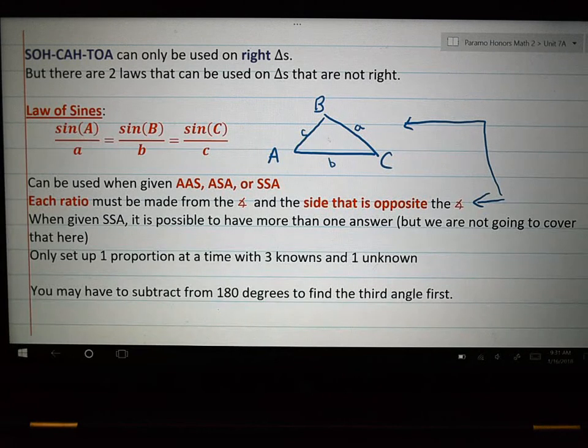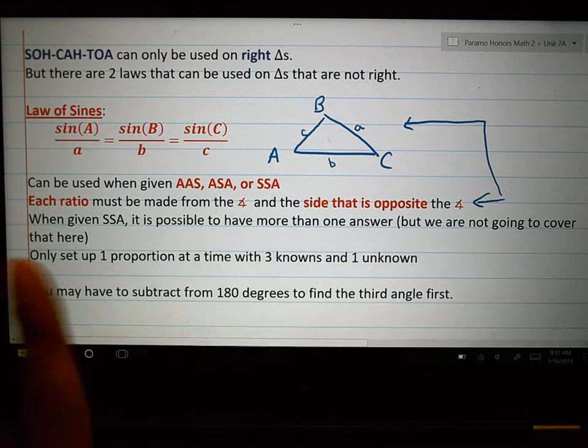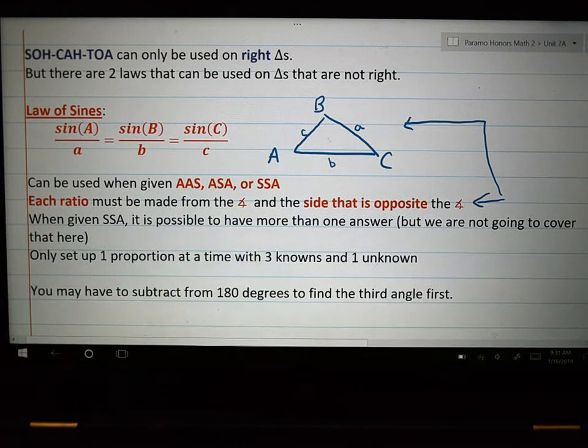I put it in there. There is a possibility to have more than one answer, but we are not going to cover any cases where there will be. There's something called an ambiguous case, but we are not going to cover it here. Okay, it'll show up later on in AM or an AM if you go that route.